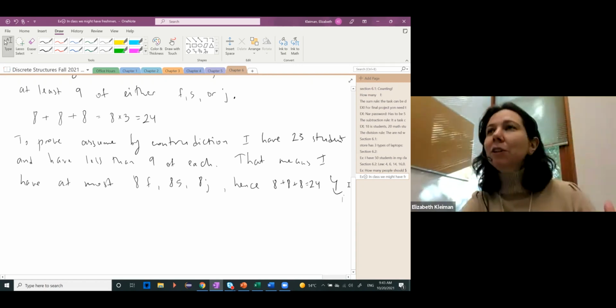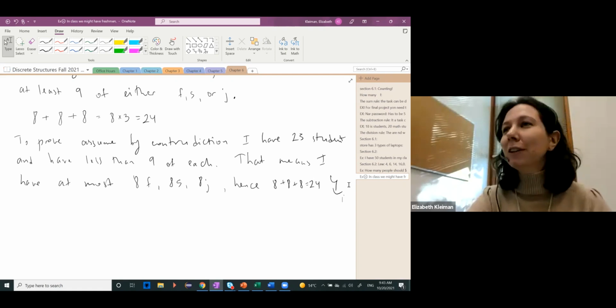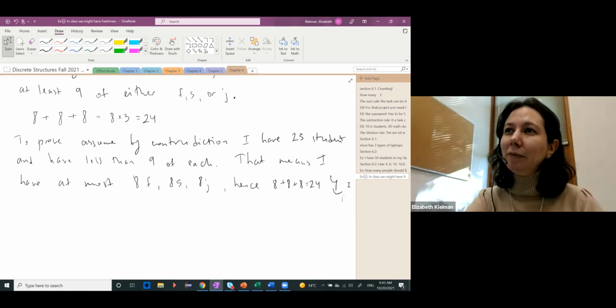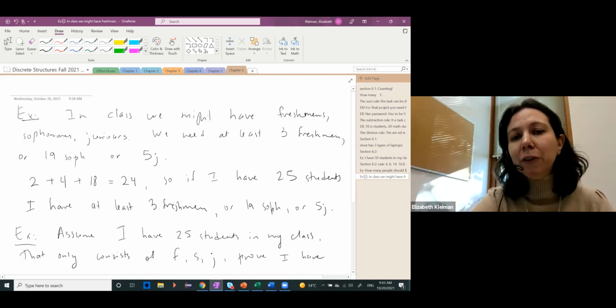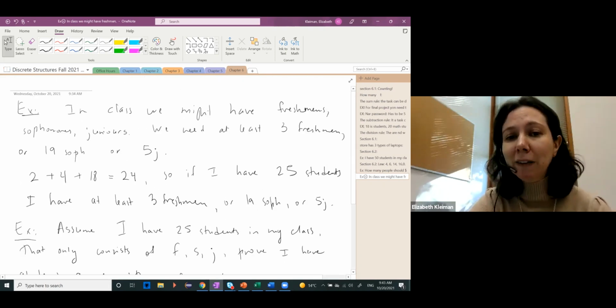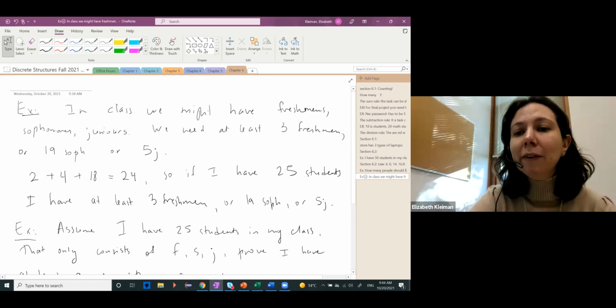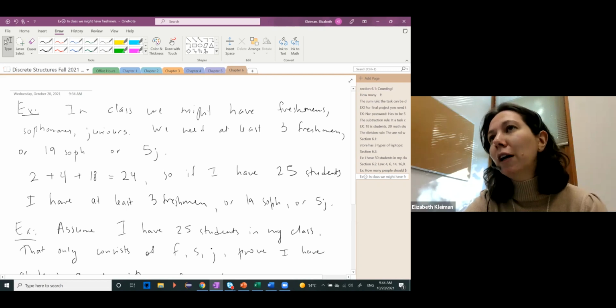So this is an official, nicely written proof of how these things work. That makes sense? So I could have rephrased my original problem over here also to say, assume I have 25 students in class, prove I have at least 3 freshmen or 19 sophomores or 5 juniors.